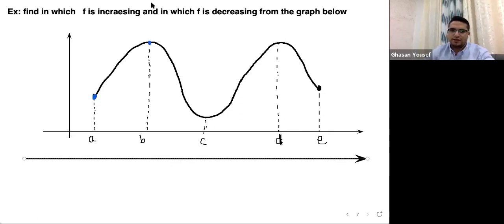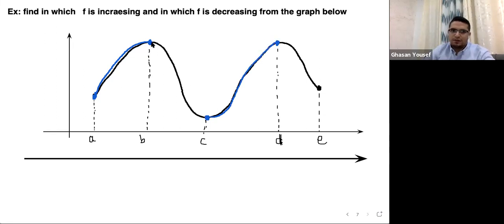So as I said before, you have to look into the graph like this and check which interval is increasing. If I start from the left side to the right side, starting from this point, the function is increasing in the interval from A to B, and also increasing starting from here to this point.